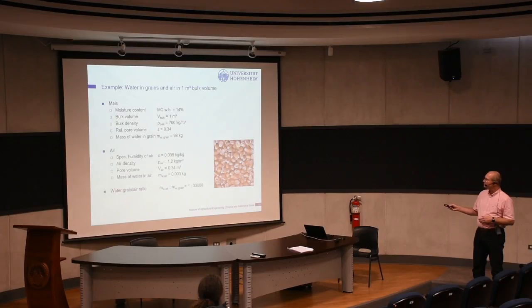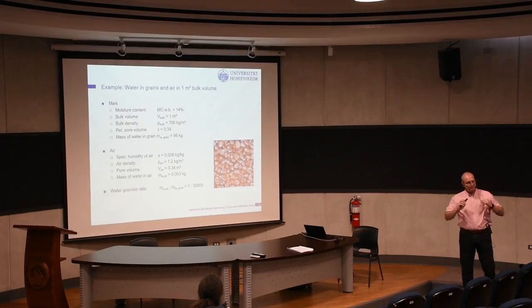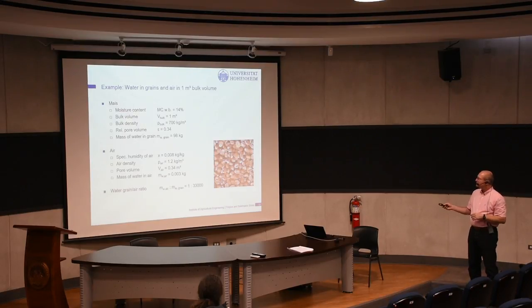That means 34% of this volume is air in this container. Between the seeds are pores. And then we have here a mass of water in the grain of 98 kilogram. In this cube of grain, we have 98 kilogram of water in the grains still, because they have 14% moisture content. There is some rest of water left.